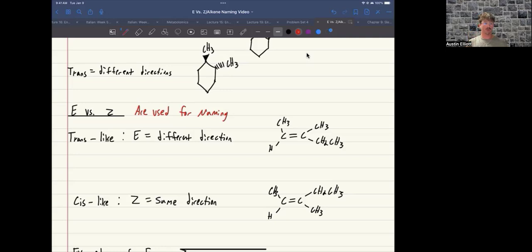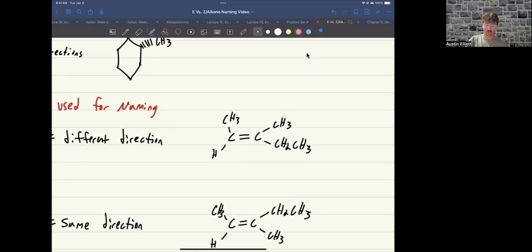So, for E, it is our trans-like configuration, which means different directions. If we look at the group here, when you're looking at a double bond, you always want to look for that longest chain. So in this case, it looks like that. And then our two sp2 carbons are these two Cs right here.